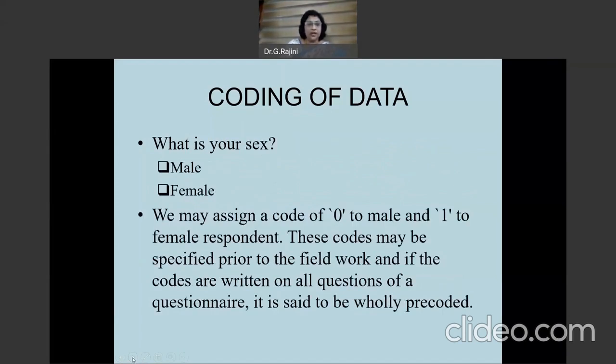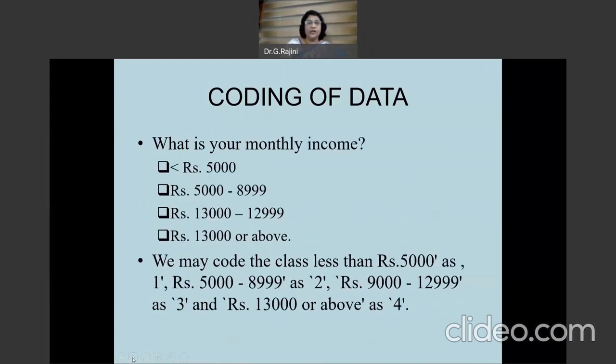Male could be marked 0 and female could be marked 1. These codes may be specified prior to the field work, and if the codes are done on all the questions of the questionnaire, it will be said to be a wholly pre-coded one. If it is monthly income, we can give 1 to less than rupees 5,000, and from there onwards it can go up to 4.